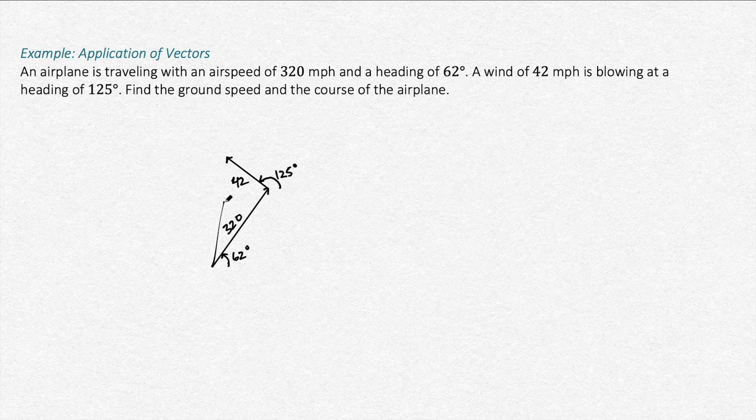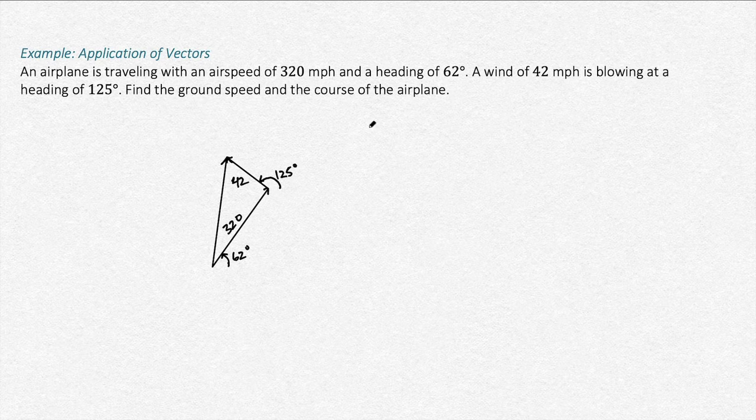We're looking for what the airplane ends up doing, which is this resultant right here. That's the sum of these two vectors, and in order to find that sum, we are going to need the components of these vectors.